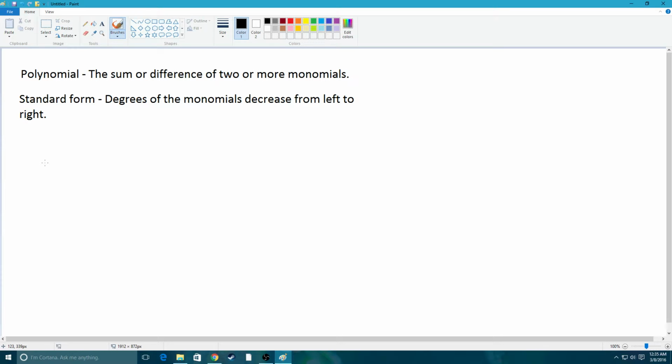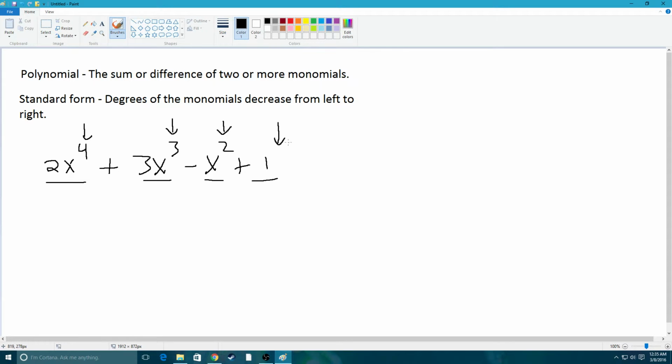An example of a polynomial would be 2x to the fourth power plus 3x to the third minus x squared plus 1. This is a polynomial because we have 1, 2, 3, 4 different monomials all put together. And it's in standard form because these guys are decreasing from left to right. And you can't see this, but the last one's degree is 0.